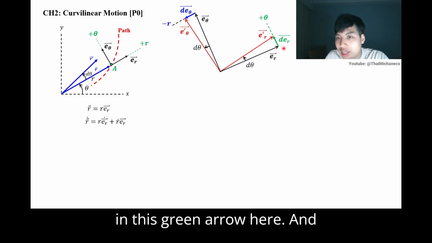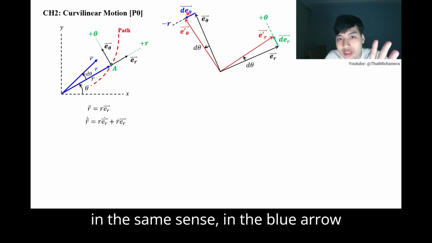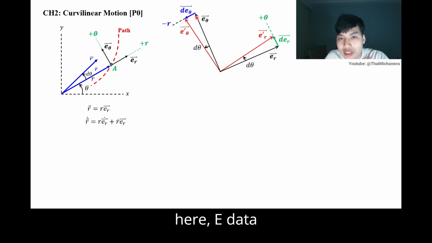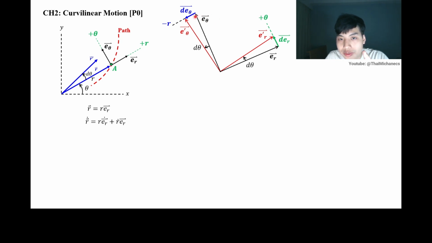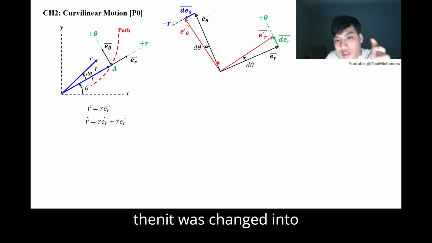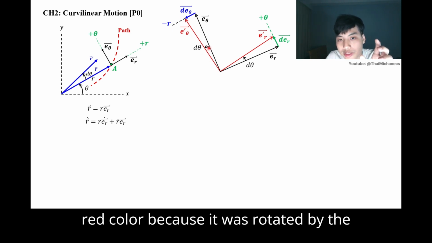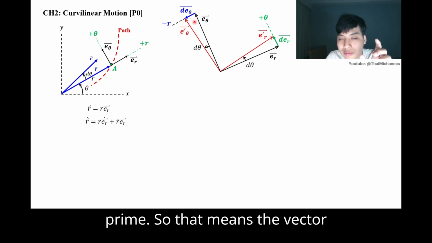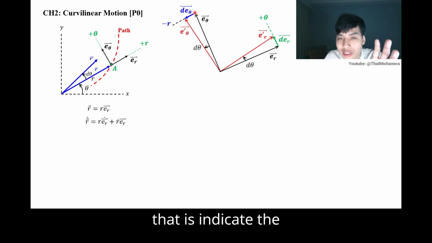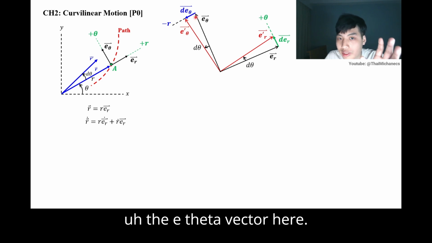In the same sense, in the blue arrow, e_theta was originally drawn here in black, then changed into red because it was rotated by d theta. So we get e_theta prime, and the vector indicating the difference between e_theta and e_theta prime is shown as the d e_theta vector here.